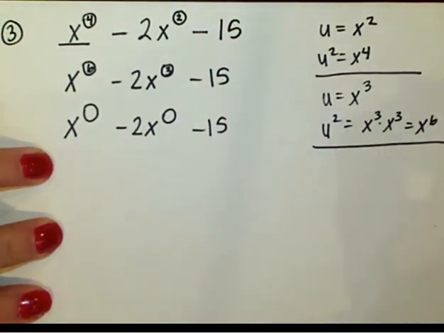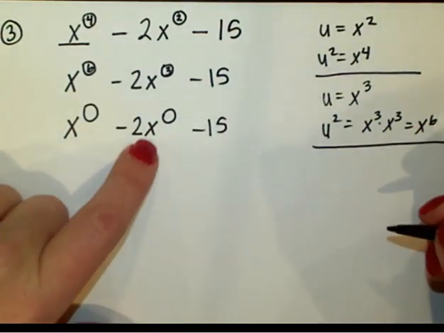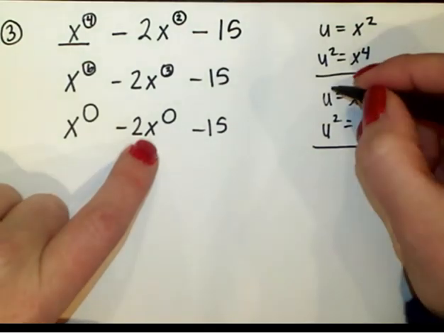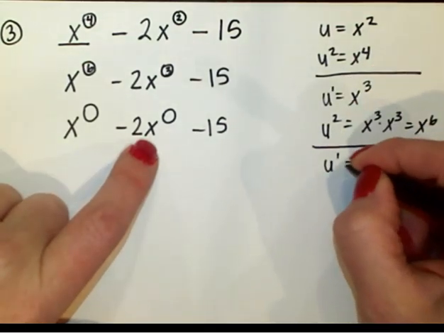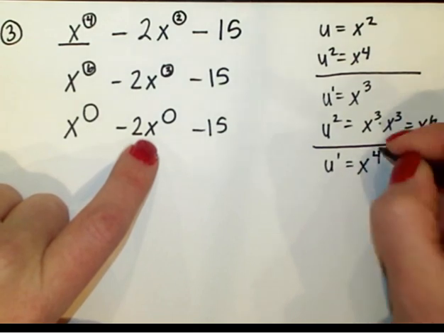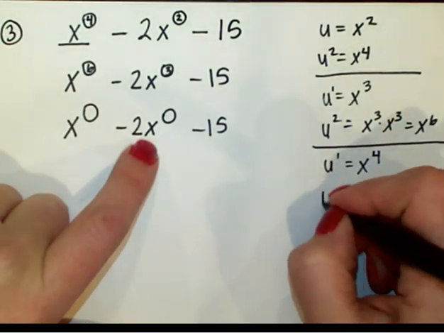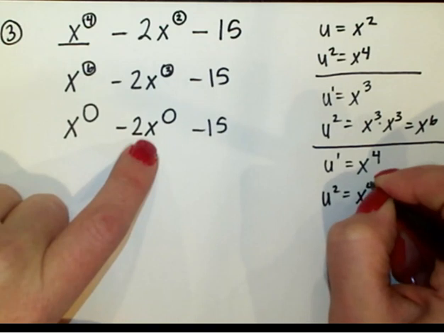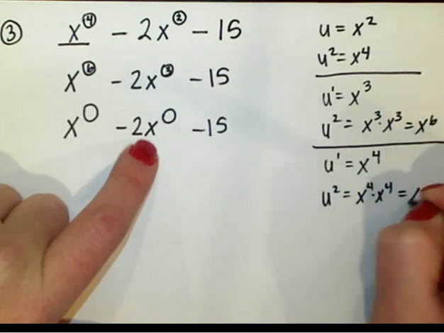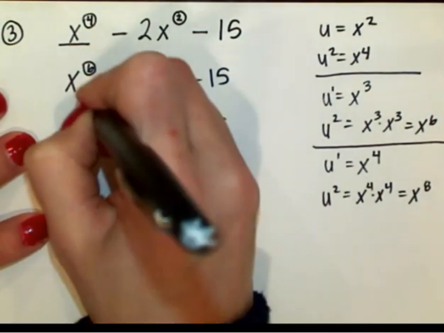Okay, let's pick a different middle term. Always going to start here, which is supposed to be a power of 1. u to the 1st, let's try x to the 4th. Okay, u squared, x to the 4th times x to the 4th, x to the 8th.